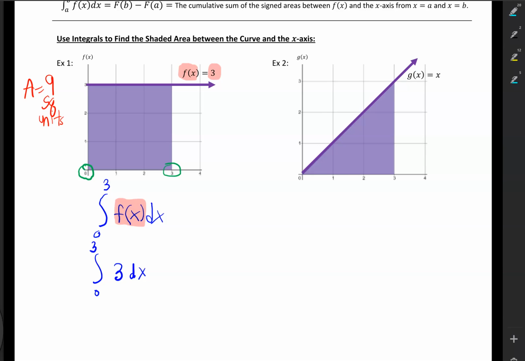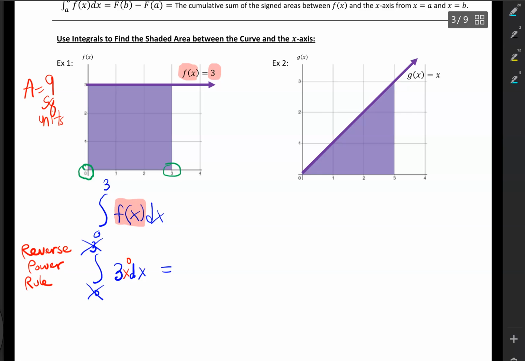Okay, now we're going to find the integral. Ignore these numbers real quick. Just find the integral like you normally would. Find the antiderivative like you normally would. So if it helps you to write in the x to the 0 power so you can do your reverse power rule, go ahead and do that. So let's do our reverse power rule.